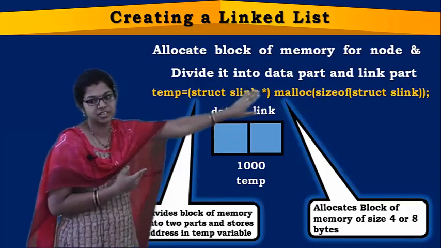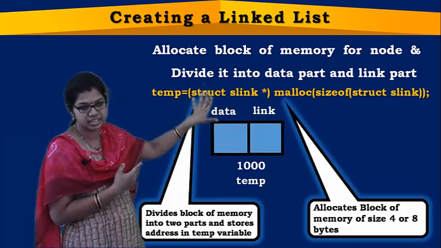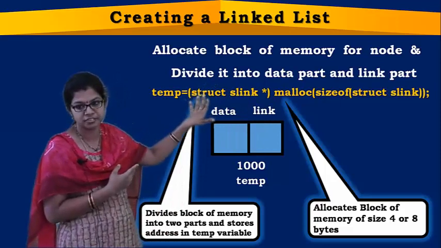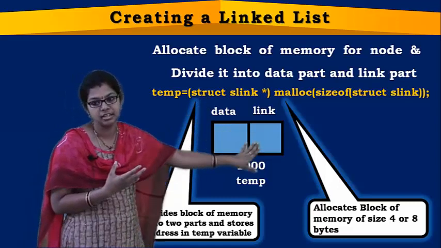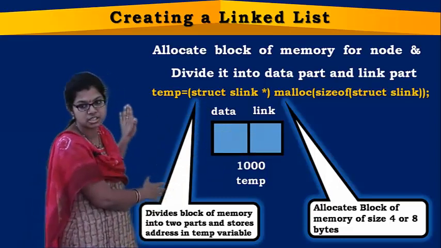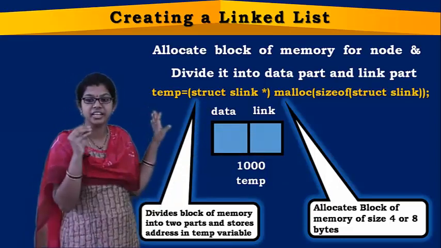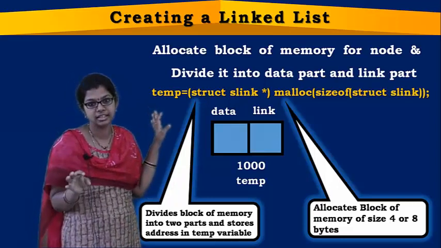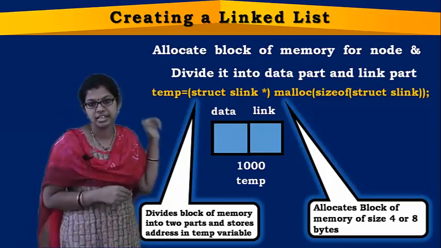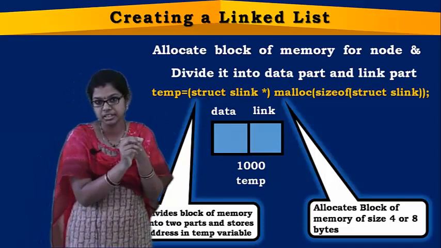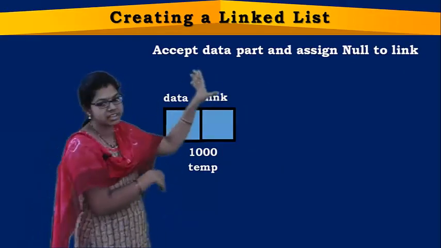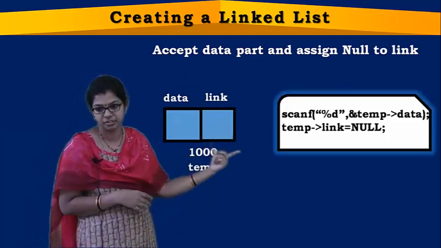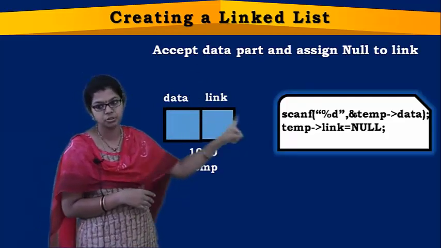So first it allocates and then it divides. This statement divides that block of memory into two parts, data part and link part. This is the first process which needs to be done for each and every node of a singly linked list. Next, the second step is accepting the data part and assigning the link part to null. We have created one node, right? We have allocated and divided it into two parts.